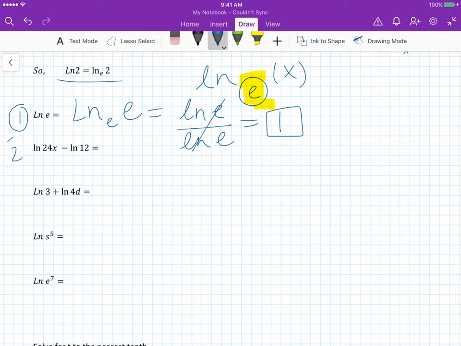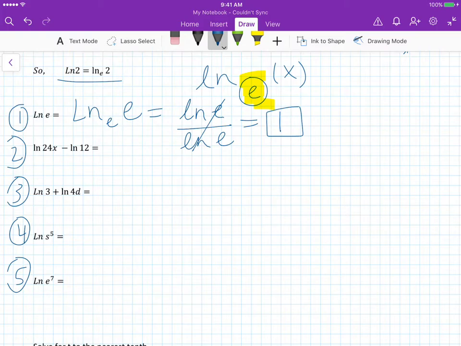Example 2. Example 2 says the ln of 24x minus the ln of 12 equals. I'm just asking you for these 5 examples to simplify. I just want to point out using this video, these all can use the same rules. If I see subtraction here, and I know that these are both natural logs, I can combine them using the quotient rule, just like I could a regular log.